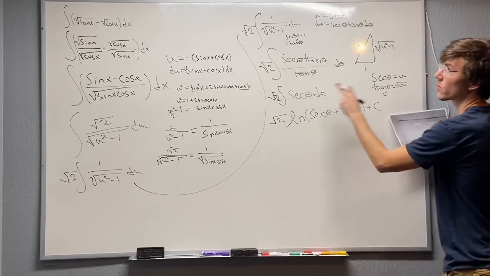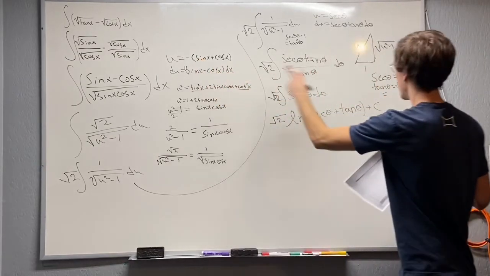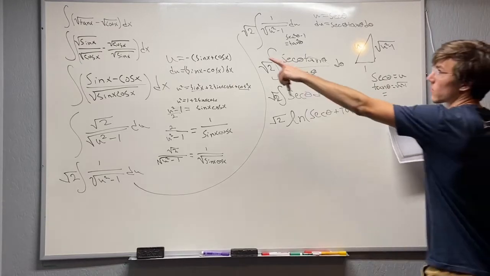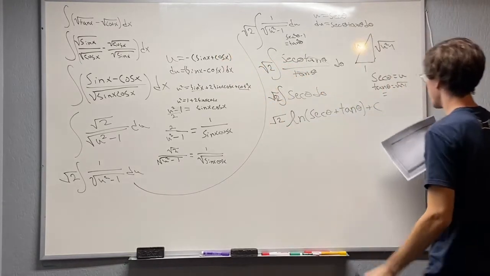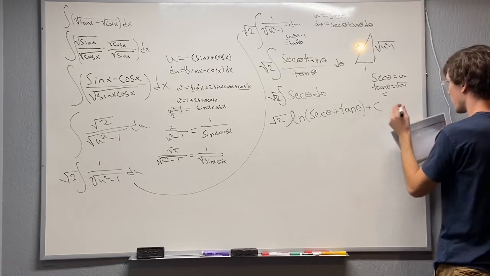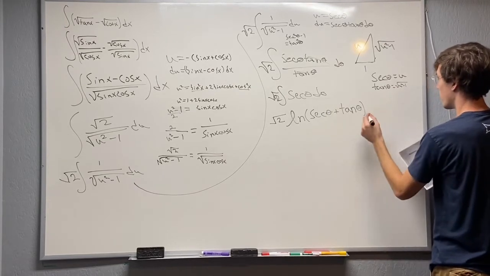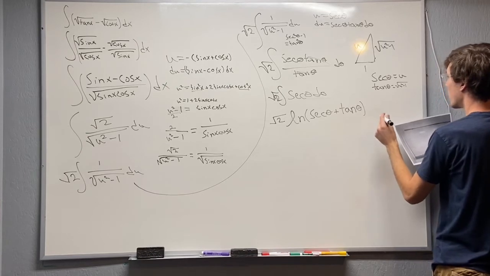So remember, our u sub goes all the way back to here, and so we need to plug that u sub back into here so we can get it back in terms of x, because that's what they gave it to us in, and we're deriving it in terms of x. So we're going to get, let me erase this c so I have a little bit of room to work over here.